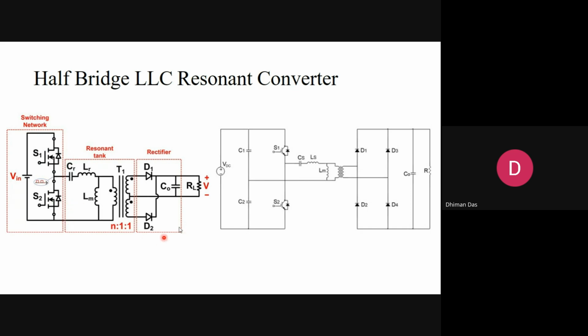To avoid that, you can connect two split capacitors and connect this switching network towards the midpoint of the capacitors. Then you can have a full swing across the tank, but at the input side you get a half swing in each cycle.